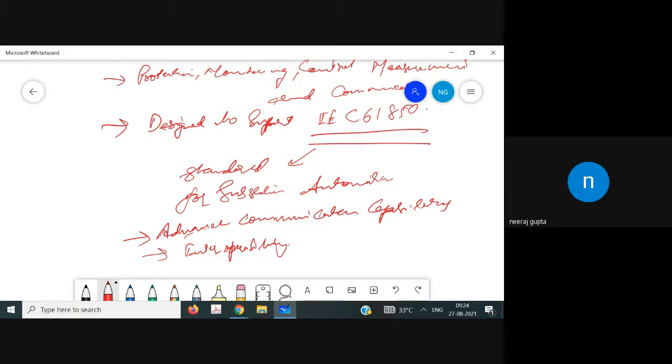Now the question arises: what is interoperability? That we can also discuss. What is the interoperability in case of the relays?